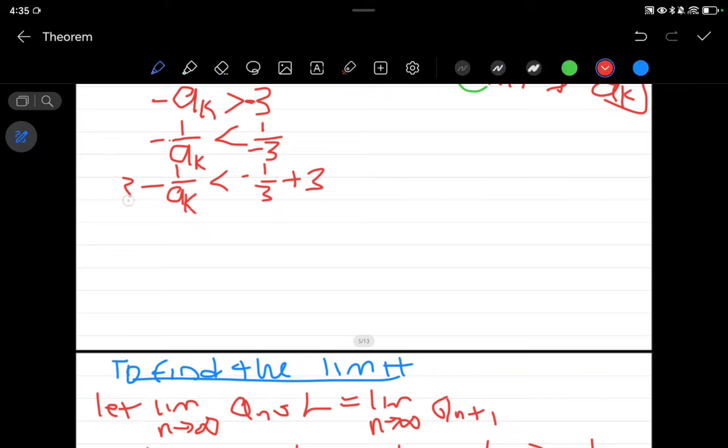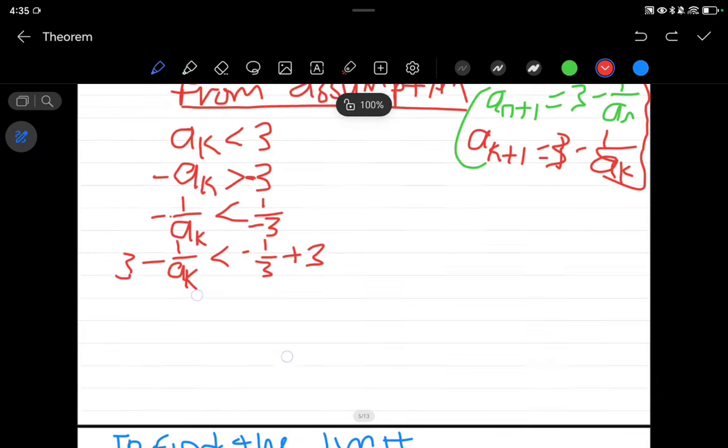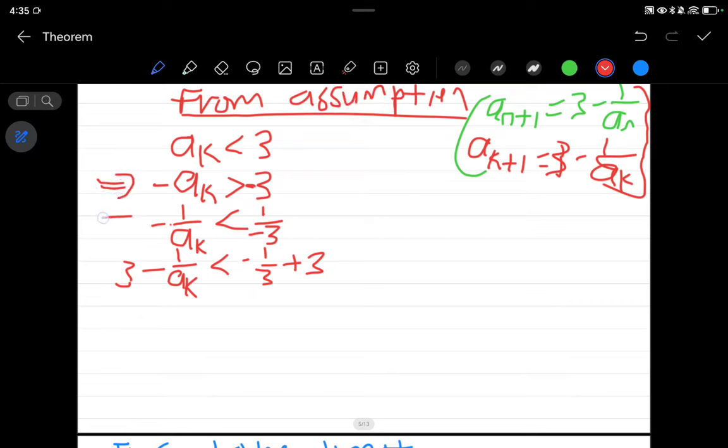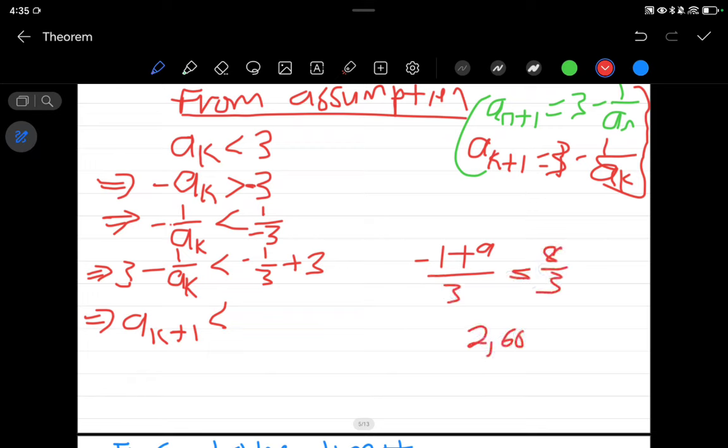Then you know that this one is the same thing as having a of k plus 1. So a of k plus 1 is less than, what is this? Minus 1 over 3 plus 3. This would be minus 1 plus 9 over 3, which should be 8 over 3. And this should be 2.66 something.